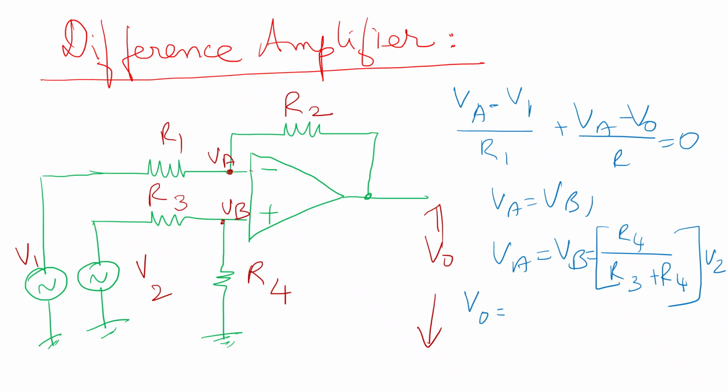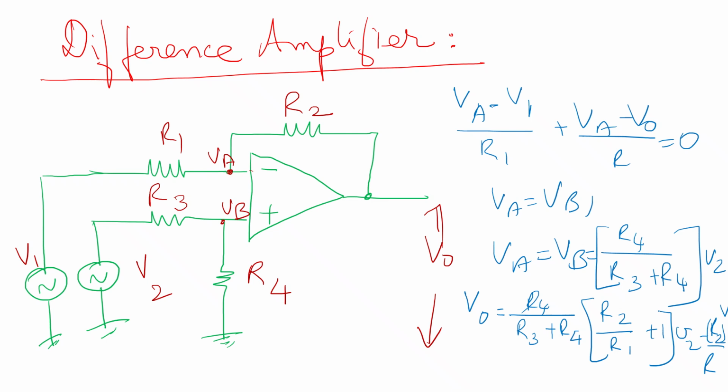And V0 is equal to R4 divided by R3 plus R4 into R2 by R1 plus 1 into V2 minus R2 by R1 into V1. So therefore simplifying we will be getting V0 is equal to RF divided by R into V2 minus V1.